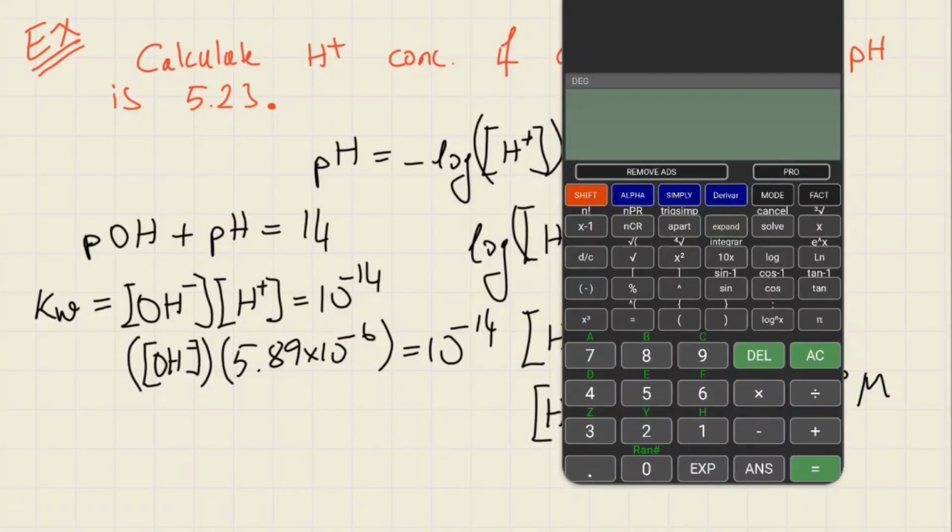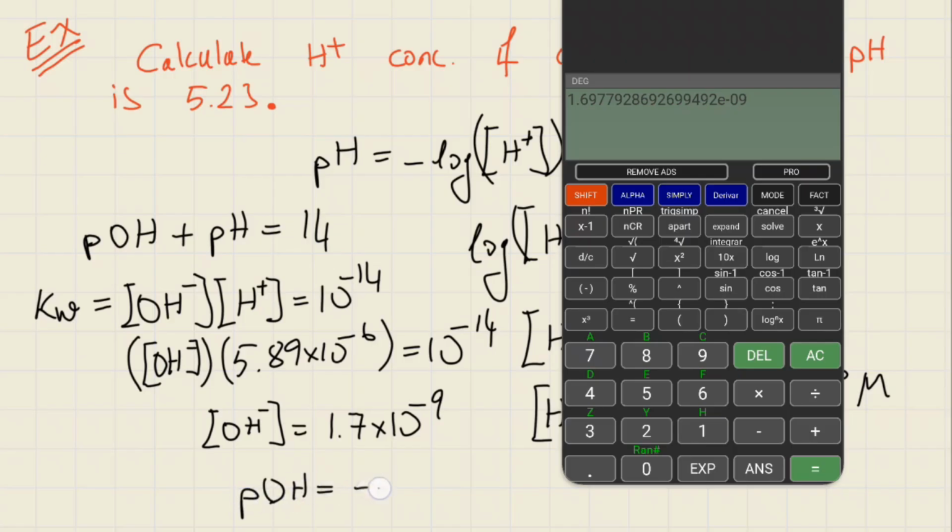And I want to calculate this value just as an example. And the OH ion concentration is 1.7 times 10 to the minus 9. And pOH equals minus log 1.7 times 10 to the minus 9.